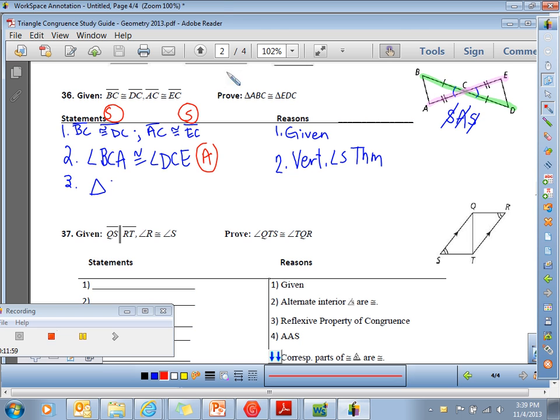Now we'd say triangle ABC is congruent to triangle EDC because we have enough information. And so what's the reason for that? Yep.